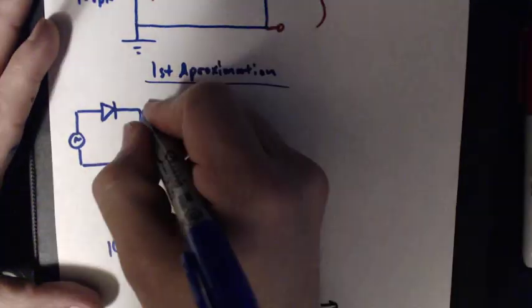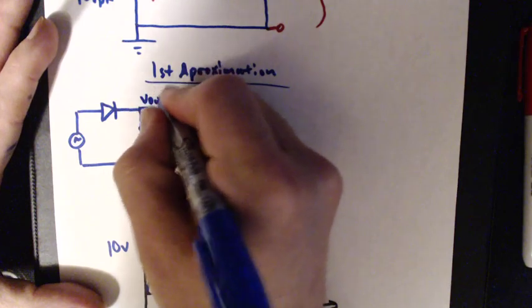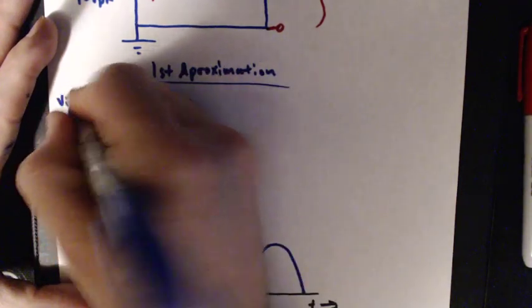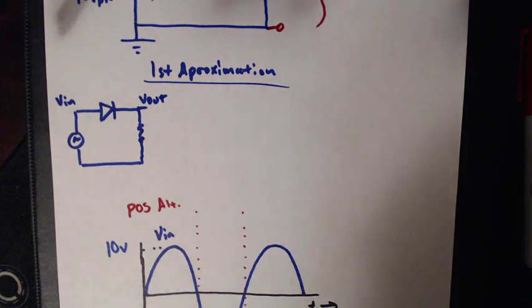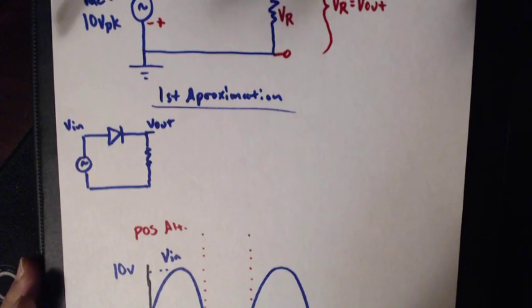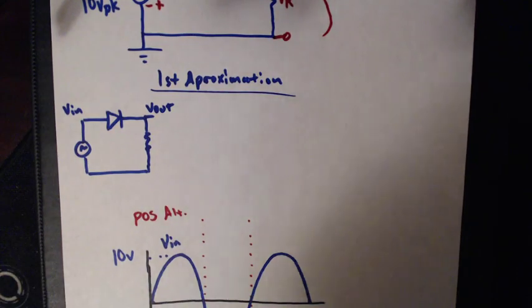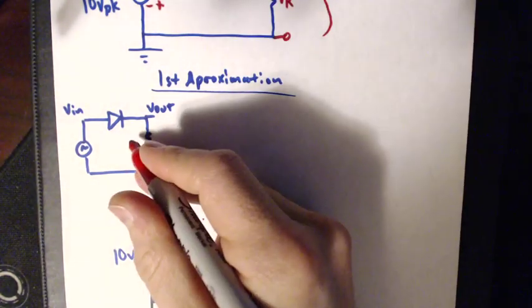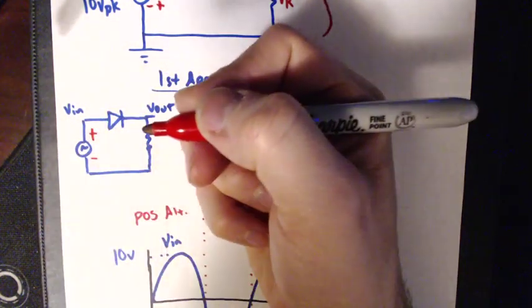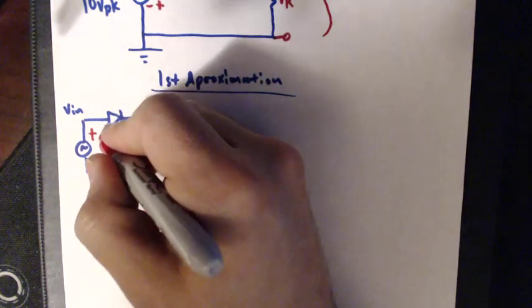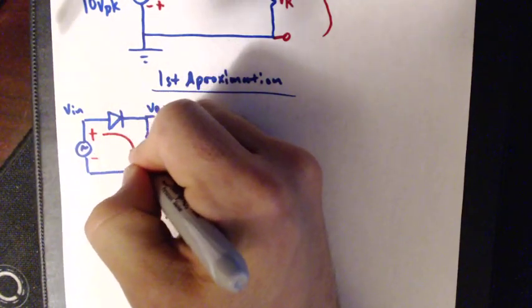Okay, there's my circuit. I'm looking at V out versus V in. Now let's ask ourselves, during the positive alternation, what happens in this circuit? Well, we know we have positive up here, minus over here, and this is causing the current to go in this direction.